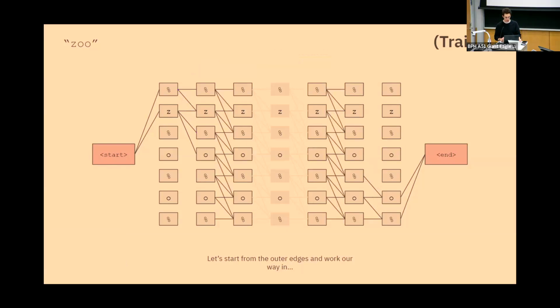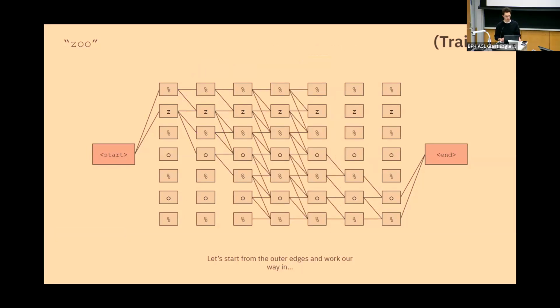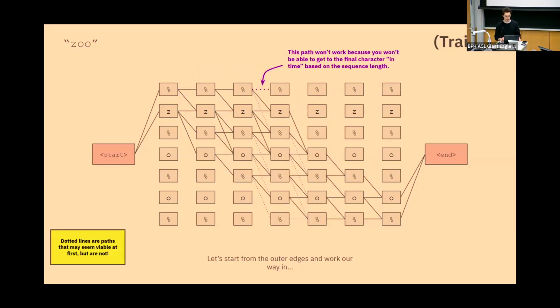Next up, we can do an example where, with similar logic, this path won't work because it's going to skip the first O, and then we won't be able to have a repeating O. And finally, this path was mentioned earlier, but it won't work because you won't be able to get to the final character in time.